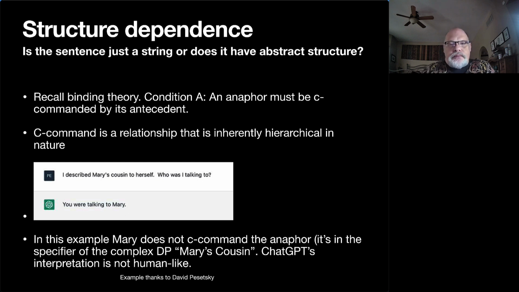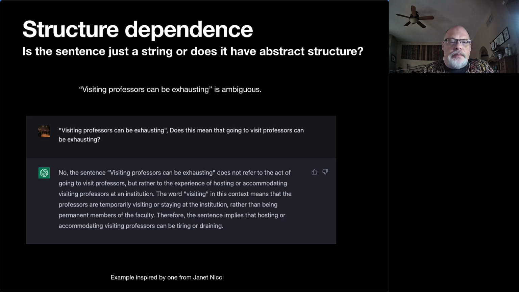So ChatGPT doesn't understand the hierarchical structures involved in determining the reference of anaphors in binding sentences. Since Mary doesn't C-command the anaphor, it's in the specifier of the complex DP, Mary's cousin, ChatGPT's interpretation is not human-like.